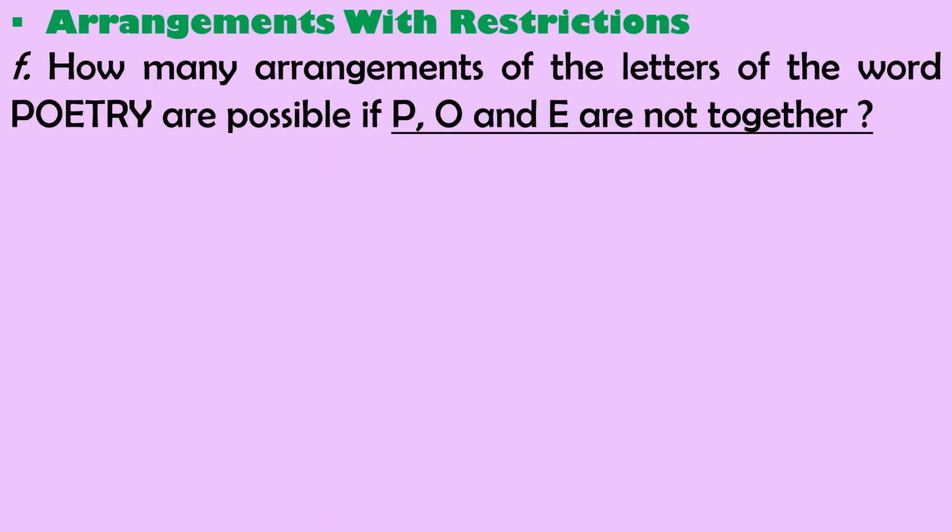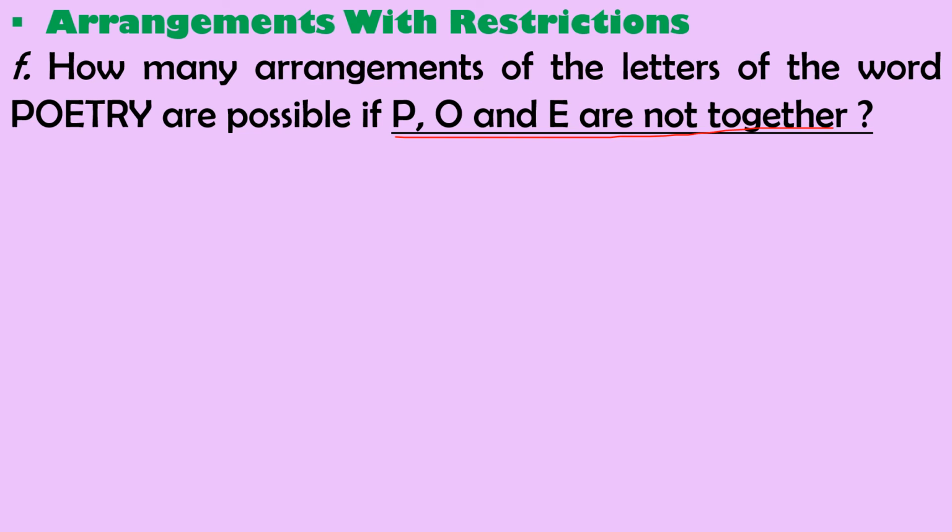Before I proceed to our last problem, I hope that you still remember our answers in example letter A and in our recent example, which is letter E. So how many arrangements of the letters of the word poetry are possible if P, O, and E are not together?